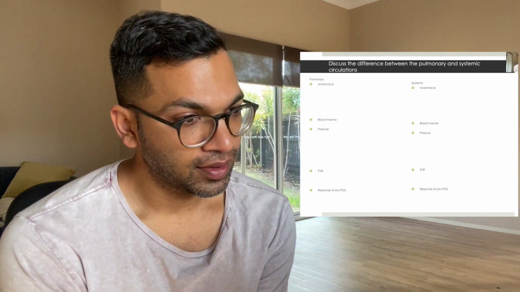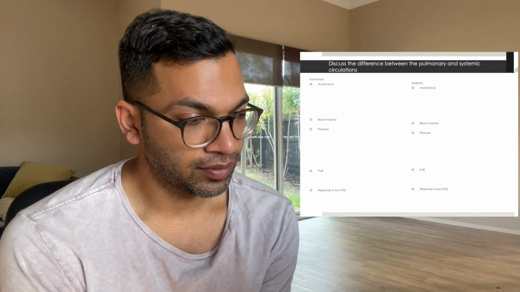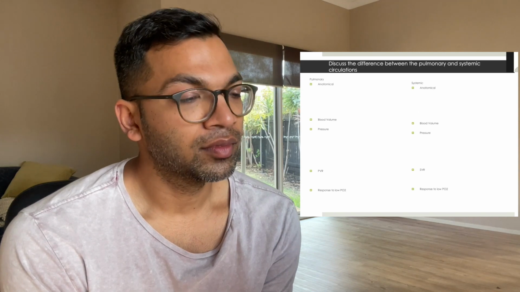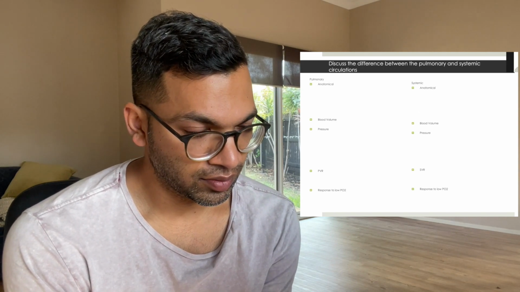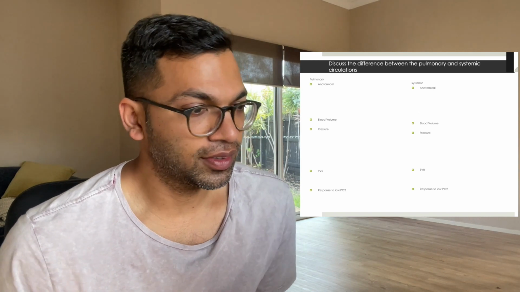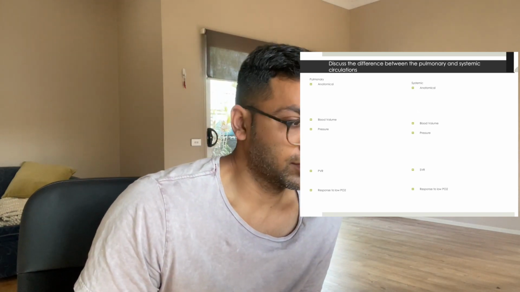There is then the blood volume. There's about 9% in the pulmonary circulation and about 84% in the systemic circulation, with the remaining in the heart.